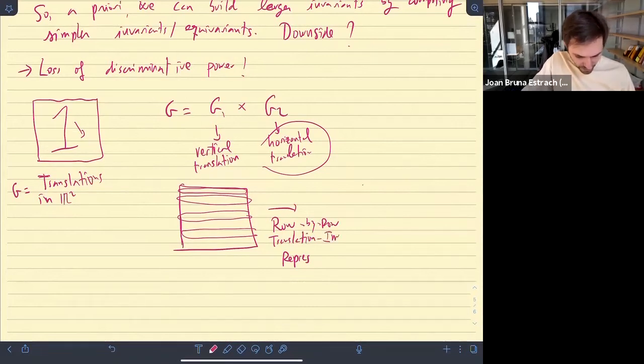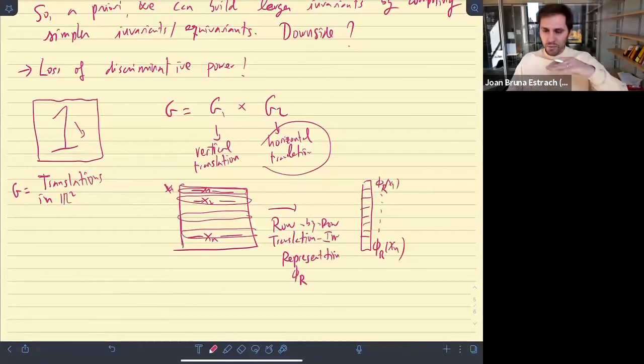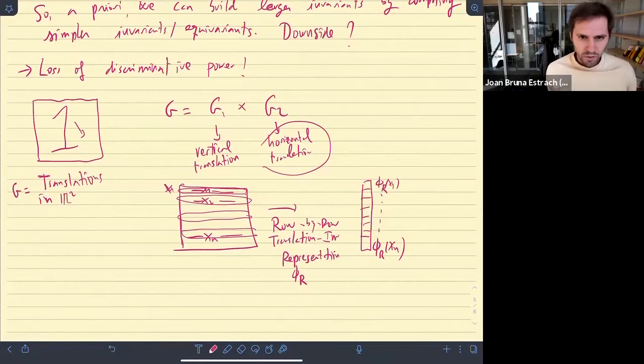So now I have a vector of coefficients. If I think about x, the first row I'm going to call x1, x2, up to xn. Now here I have a first representation, phi row, applied to each row of x, so these are numbers that are invariant representations of every row.